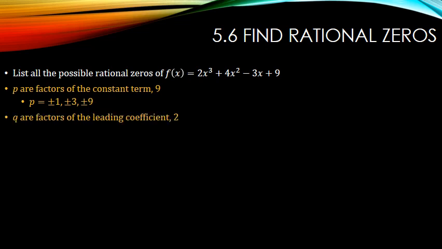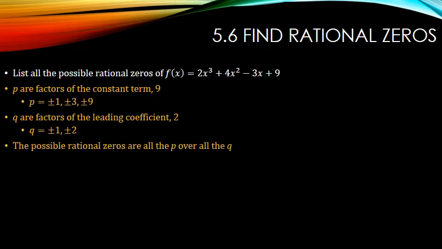Q's are factors of the leading coefficient. In this case, it's a 2. So the factors of 2 are 1 times 2. And again, we have pluses and minuses because they might be negative 1 times negative 2. So the p's over q's are all the possible p's divided by all the possible q's.